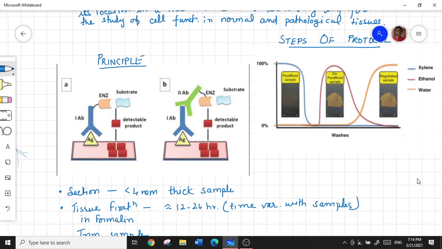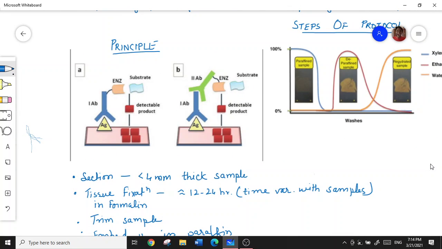So first of all, what is the principle of the technique? The technique is same as for any other immunological techniques.